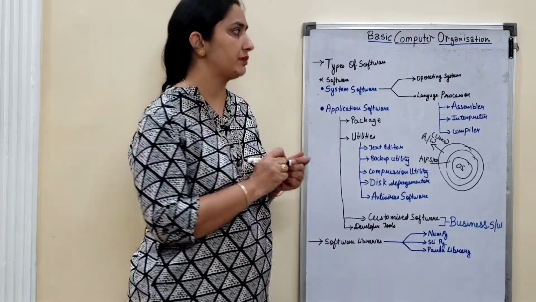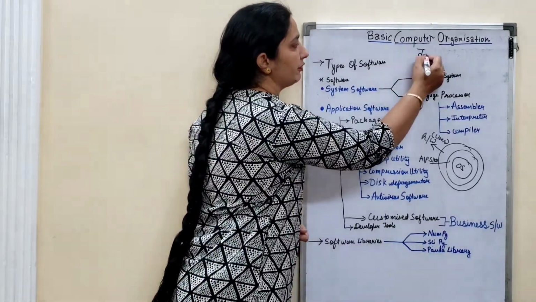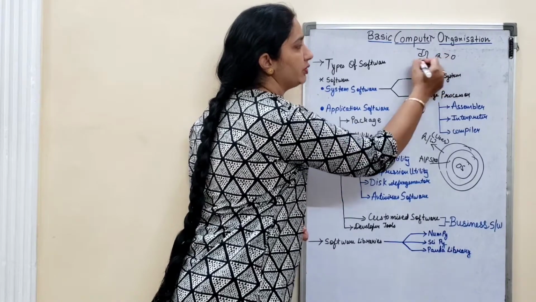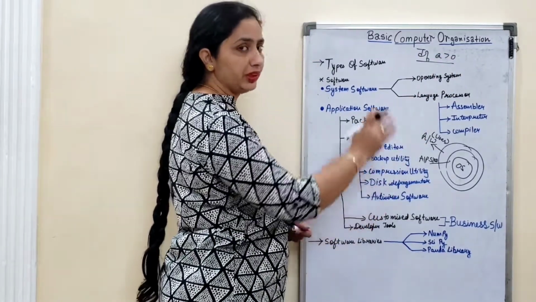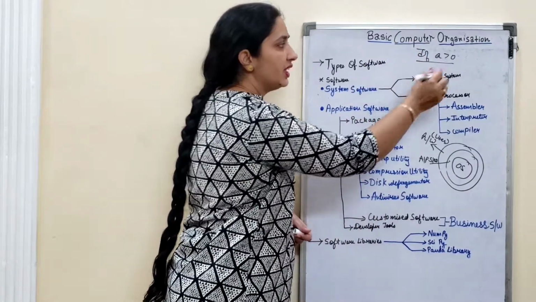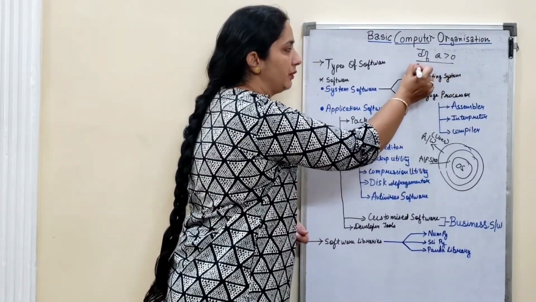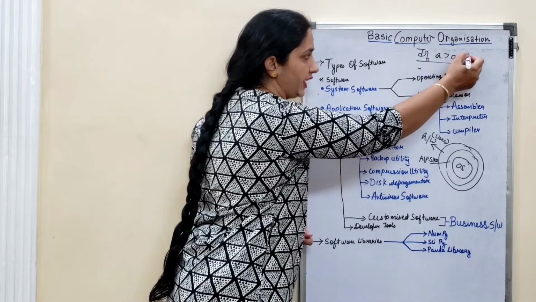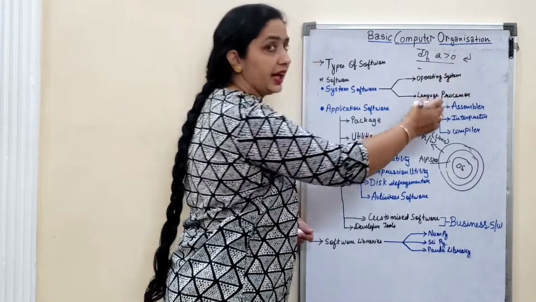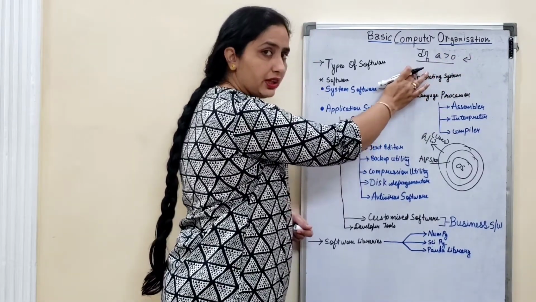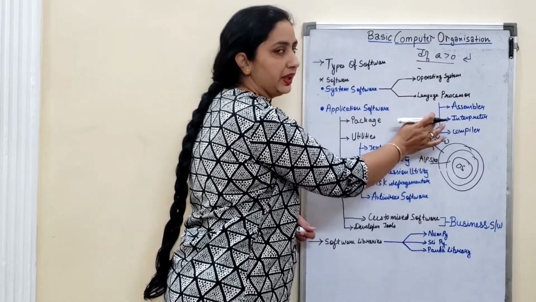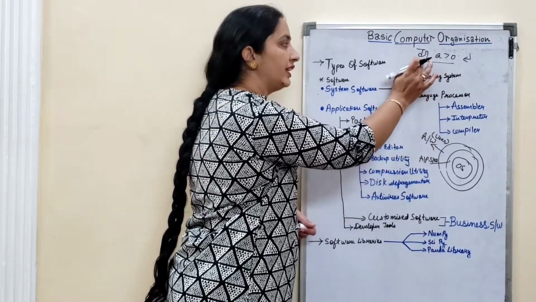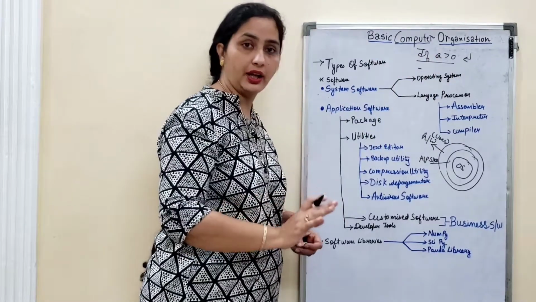Suppose you have written: if a greater than 0. This is simple English. When you press the enter key and your cursor comes to the next line, at that time the interpreter checks whether this particular line is correct or not.